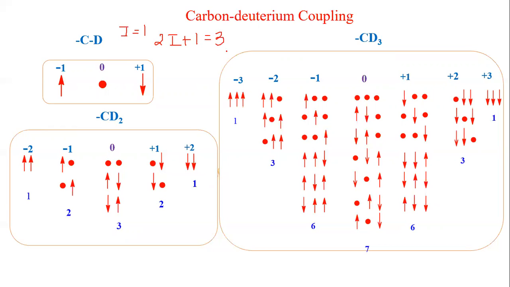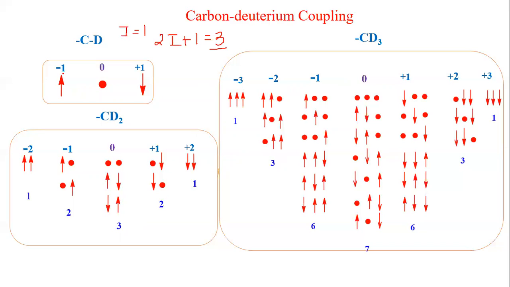That is, one deuterium atom can have 3 different spin orientations. What are those 3 different spin orientations? -1, 0, and +1. These are the 3 different spin orientations of the deuterium.